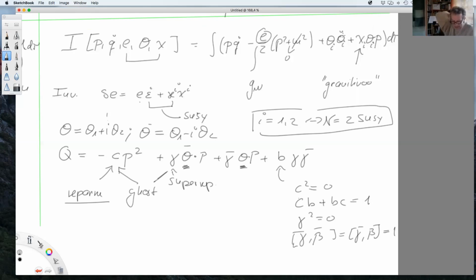Can I place this particle, which is described by this worldline action, in an arbitrary background field while preserving the BRST invariance? And the answer is no. What you'll find is the consistency of this theory implies conditions on the background fields. In this particular case, it implies the Yang-Mills equations or the Maxwell equations for some background fields. So let us see how this comes about.